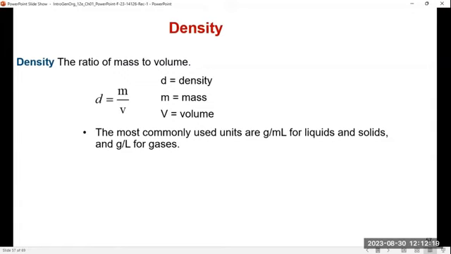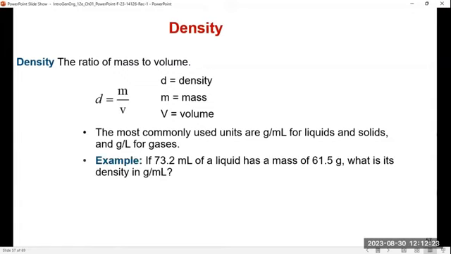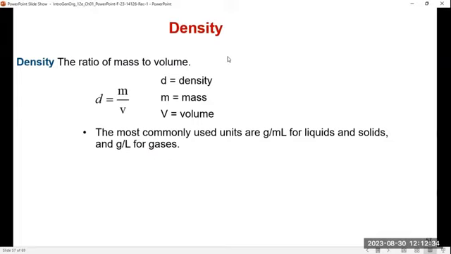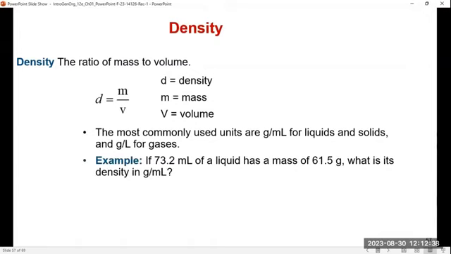For example, you can calculate density of a sample with volume 73.2 and mass 61.5. How do you calculate the density? 61.5 divided by 73.2.